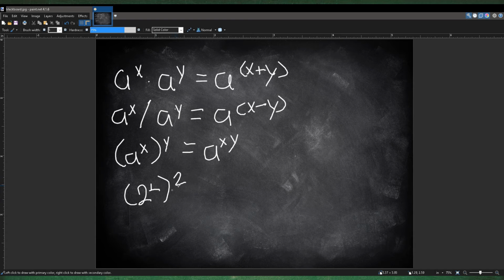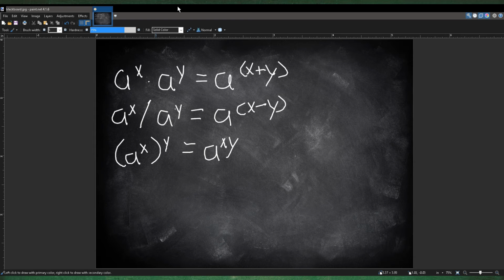That'll be 4, and then 4 squared is just 16, right? This law tells us 2 times 2 is 4, so 2 times 2 times 2 times 2 is just 16, which is the same thing, so it's equivalent. That's what our power of a power rule means, x times y.